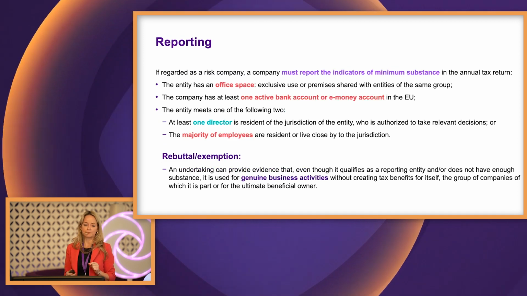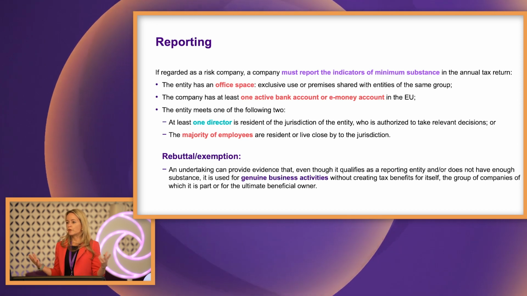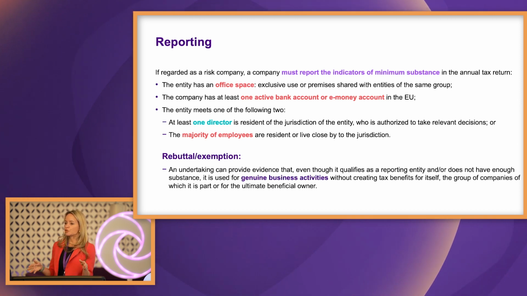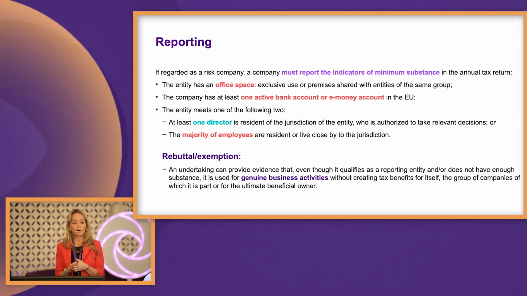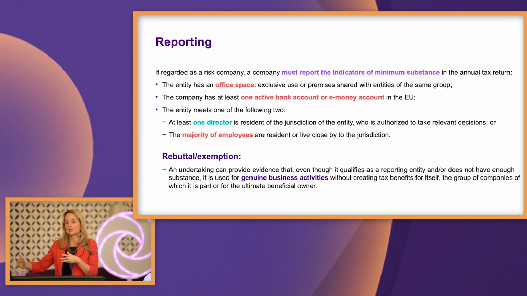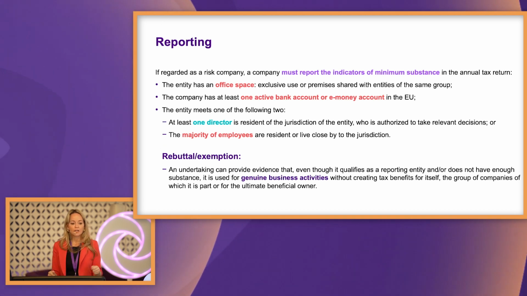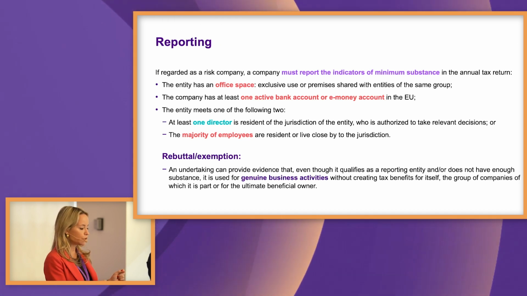So what happens then? You have to report on 3 items for the tax authorities to determine if they feel this is enough substance. You have to report whether you have an office space, and it can be your own, or it can be one which you share with another group company. You have to have at least 1 active bank account within the European Union.